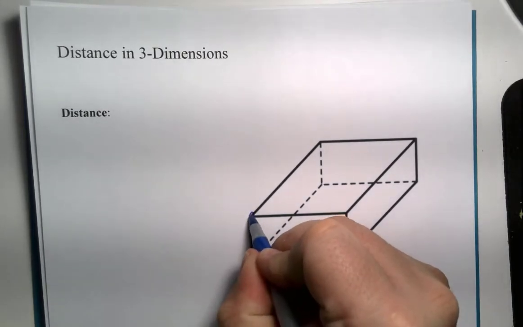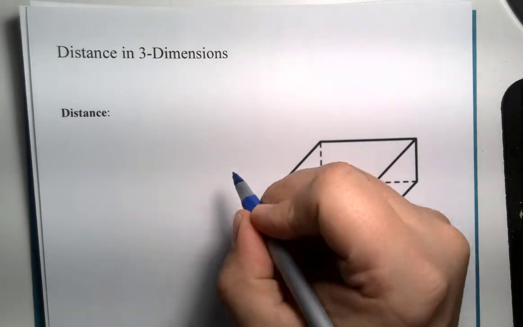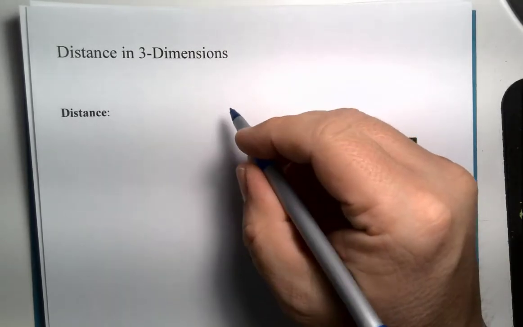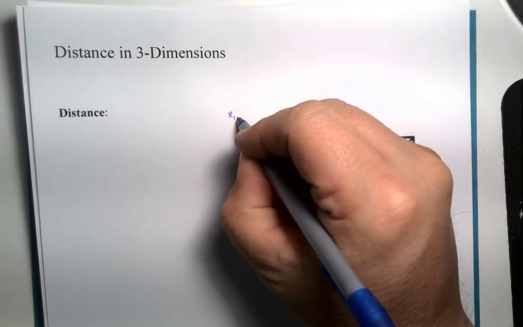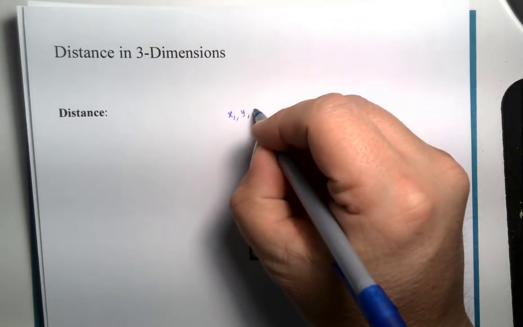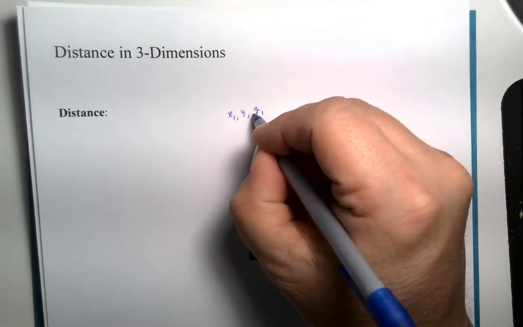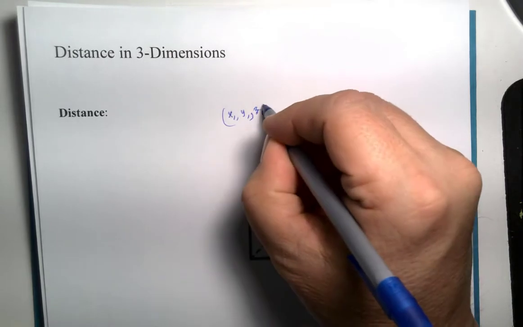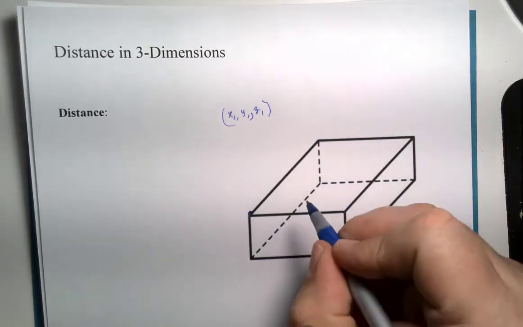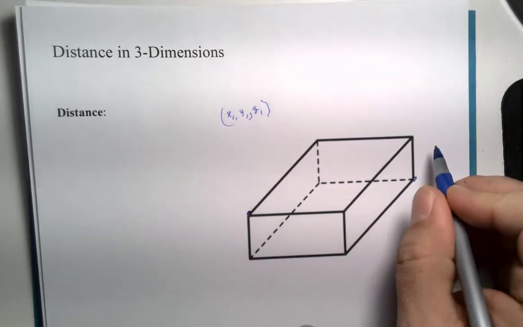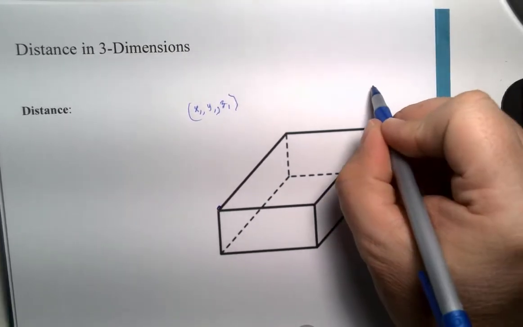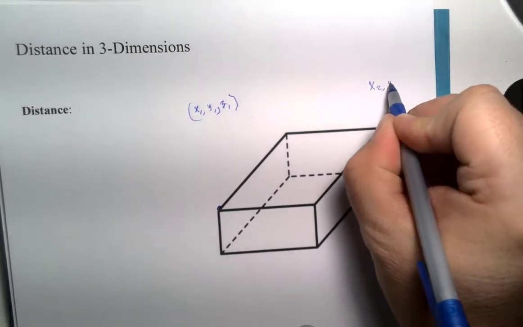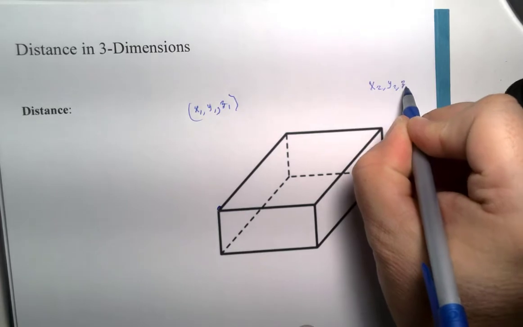So if this point has 3 coordinates, let's just say it has coordinates x1, y1, and z1. Oh, my ones and commas look a lot the same, don't they? And this point down here has coordinates x2, y2, and z2.